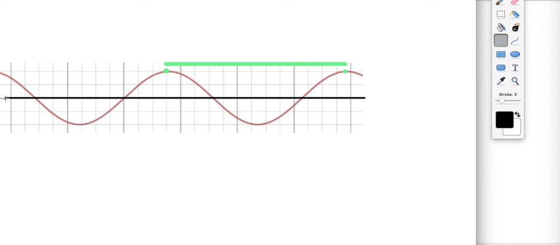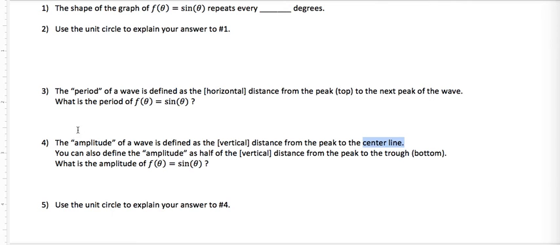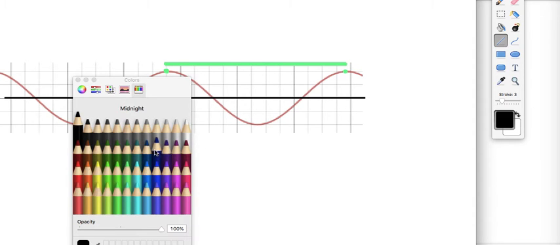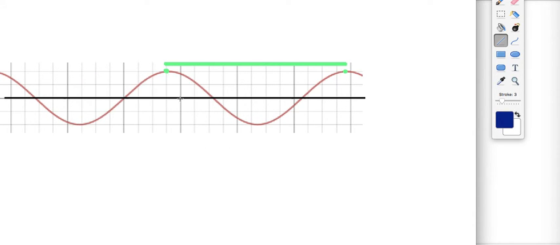Basically it cuts the picture in half. So your amplitude is the distance from your peak to your center line. Let's make it a little thicker. So that distance right there is your amplitude.